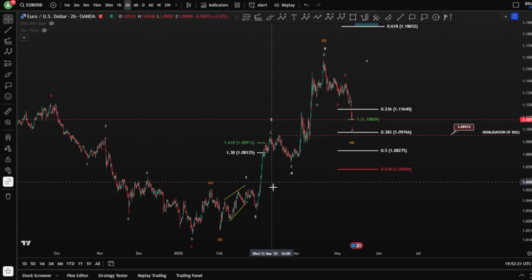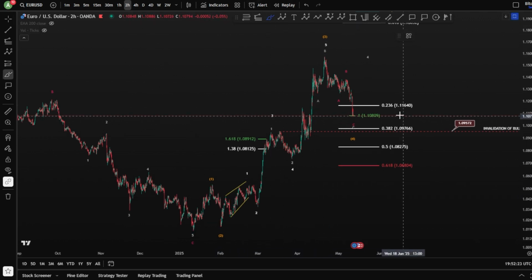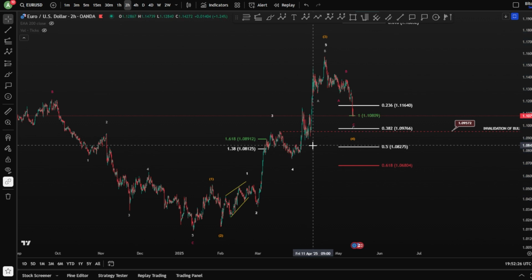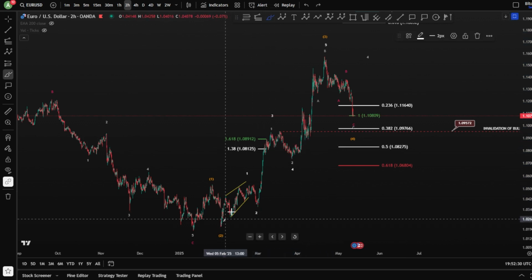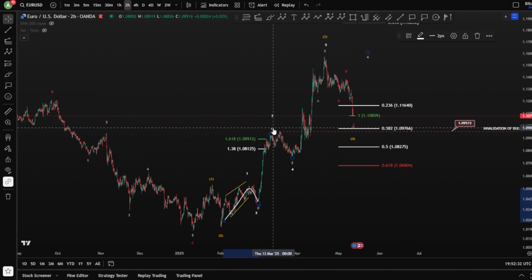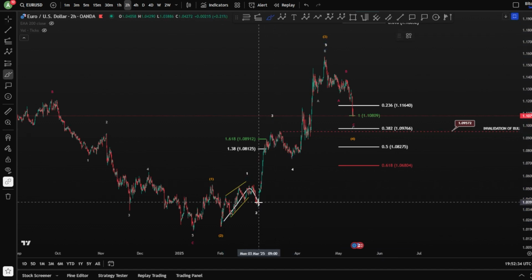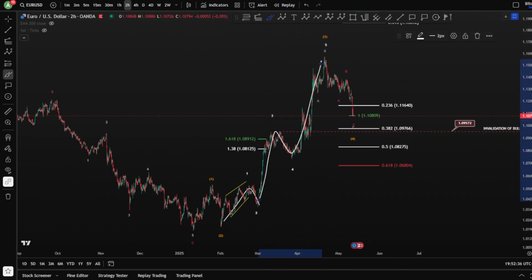Because you have several 1-2s, don't forget. But if we get invalidation, therefore I make sure that we don't have a 1-2 here. If we invalidate, it means that this impulse has finished here, 1, 2, 3, 4, and a 5.